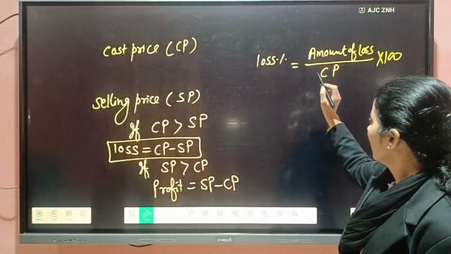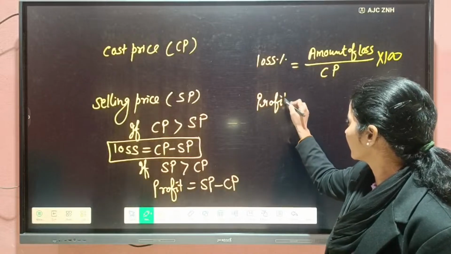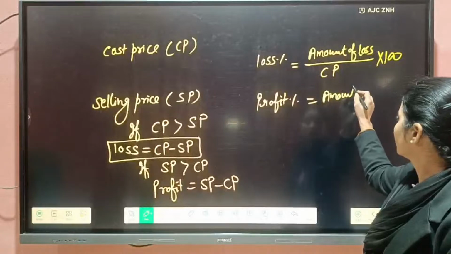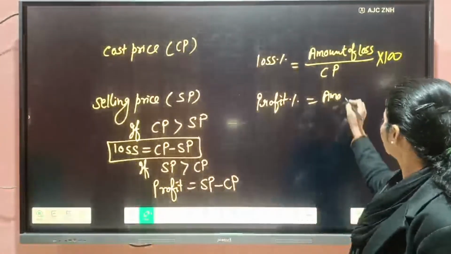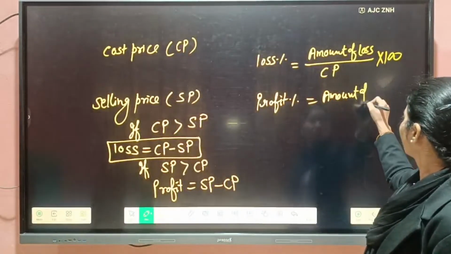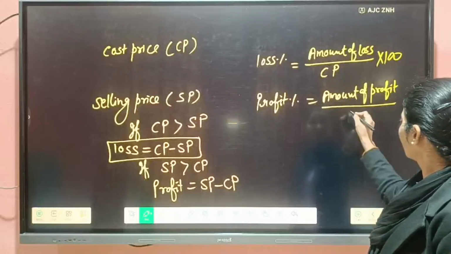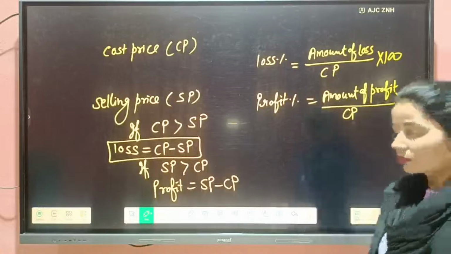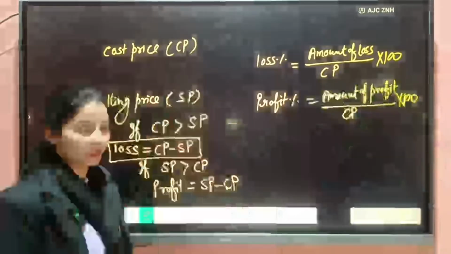Let us see profit percentage. Profit percentage is amount of profit by cost price into 100.